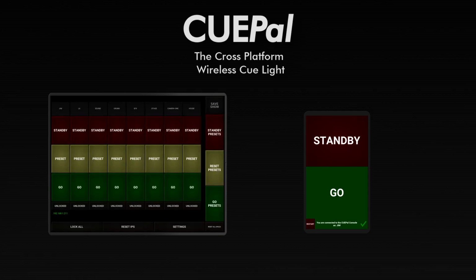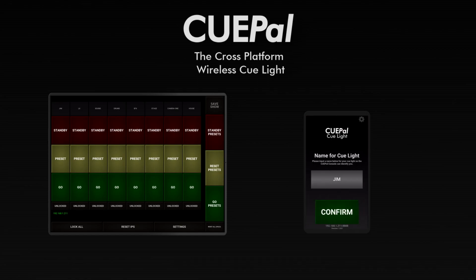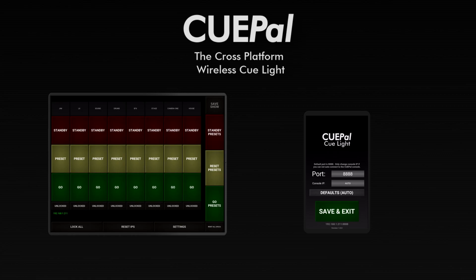Moving over to the CUEPal Cue Light, we can navigate back to the main menu by pressing the Reset button. Here we can press the cog to get to the settings window. Here we have two parameters we can change. Firstly, we have the port we are communicating on.